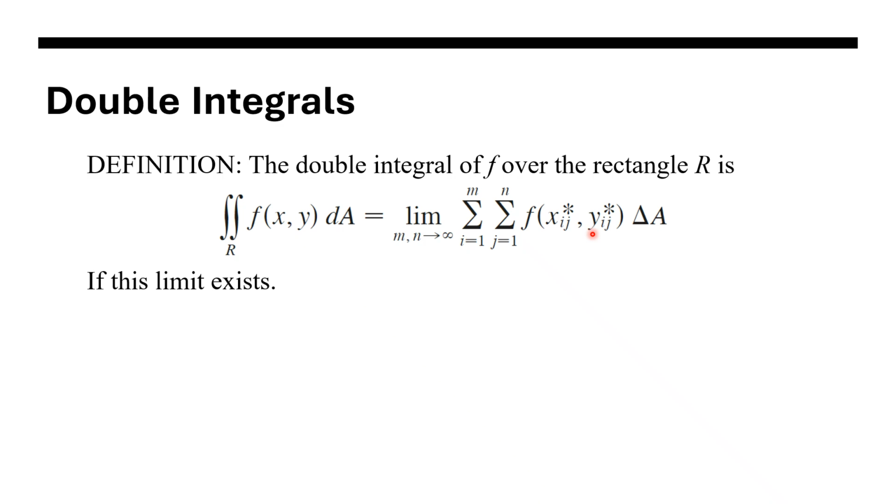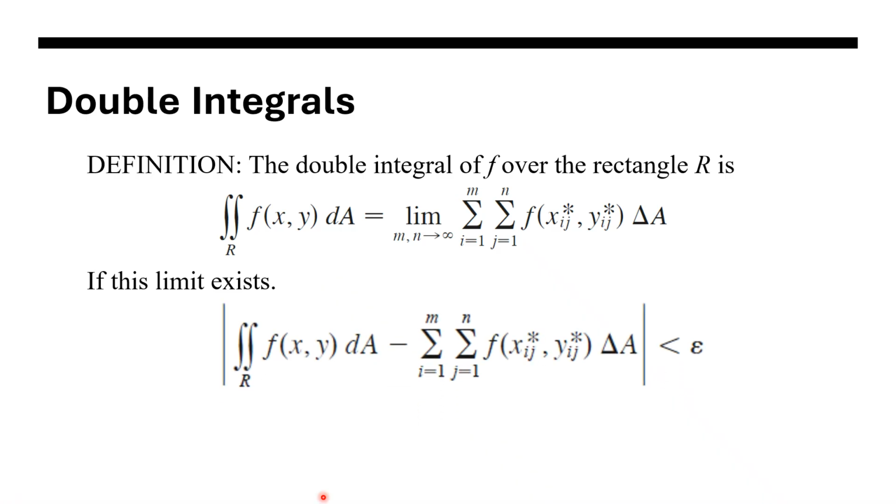Meaning that for every number epsilon greater than zero, meaning it is positive, we can find an integer N such that, subtracting both sides by this expression, this would be less than epsilon.